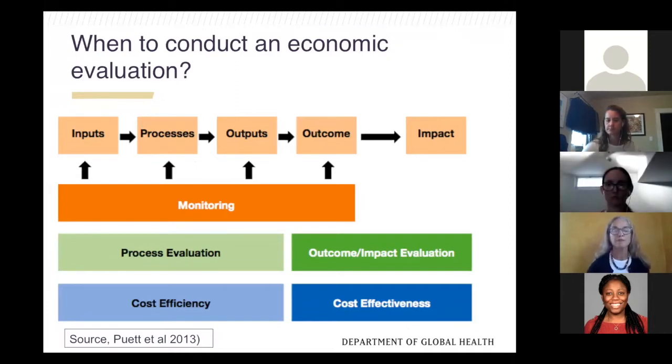There are some cases where you might like to conduct economic evaluation before scaling up an intervention, and that would happen after perhaps a randomized controlled trial or a pilot, where you might like to look at the benefit cost analysis or cost effectiveness of scaling up at a national level.